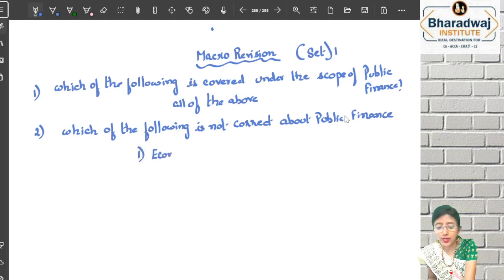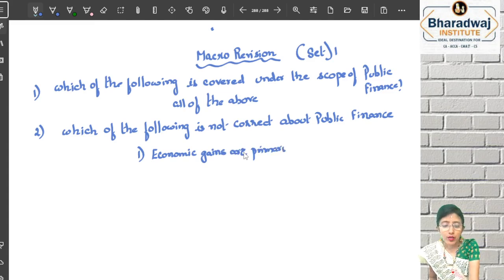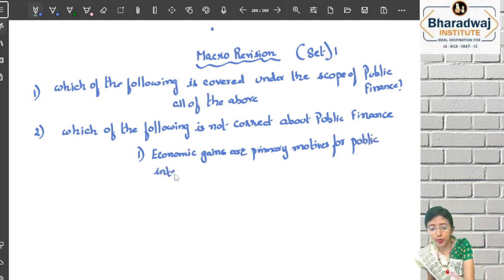Economic gains are primary motives for public intervention programs.